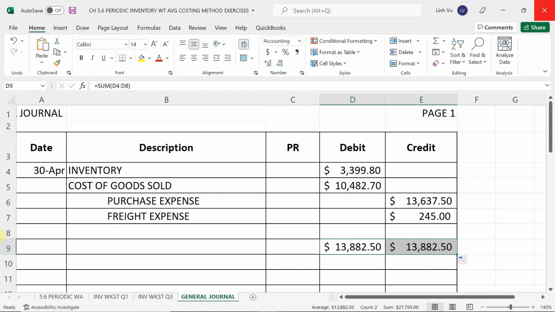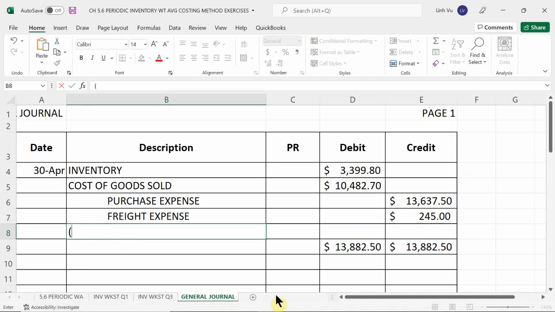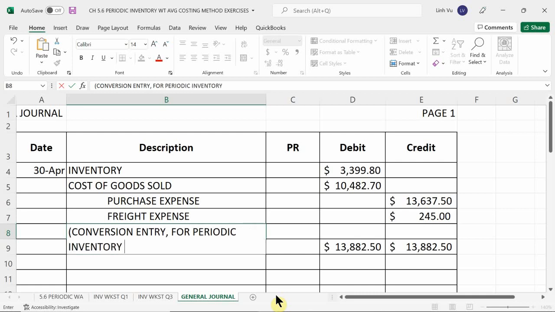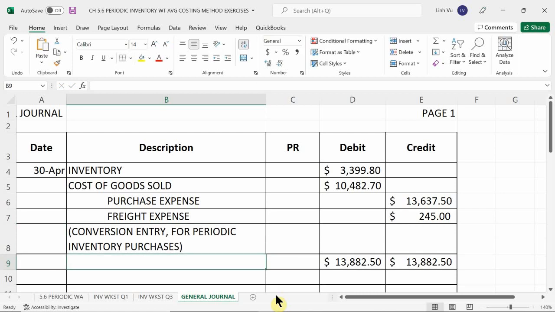And last but not least, I need to end my scenario with a description. So I'm going to say conversion entry for periodic inventory purchases. Okay, good.